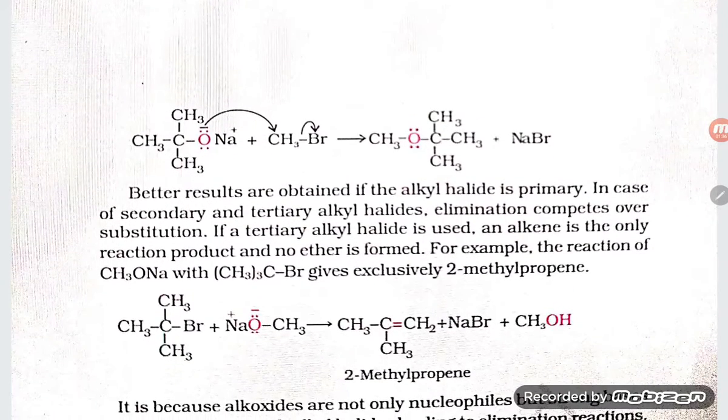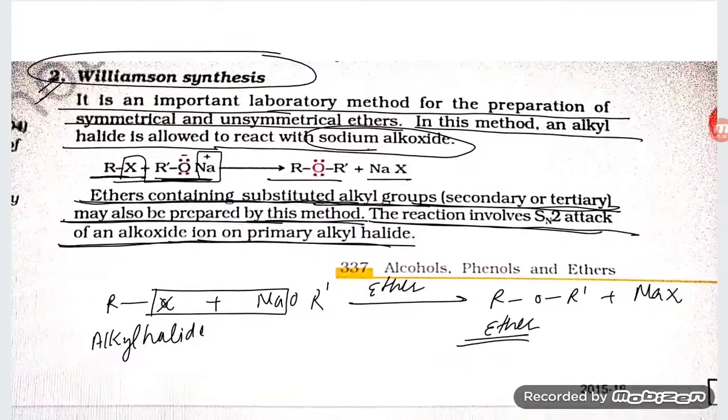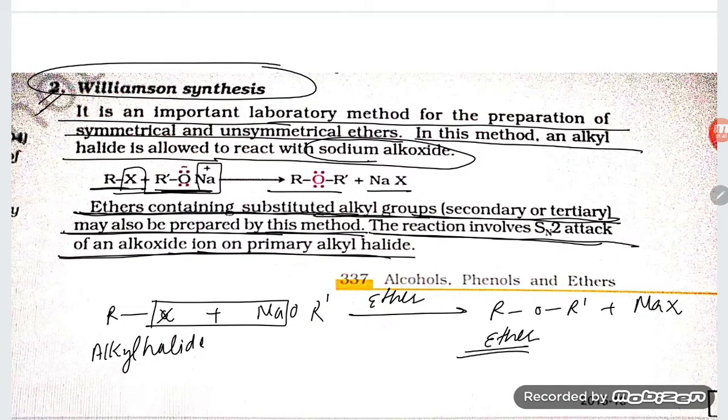They are saying that ethers containing substituted alkyl groups, secondary or tertiary, may also be prepared by this method. In the case of dehydration, we take only primary, but here you can take secondary and tertiary as well.